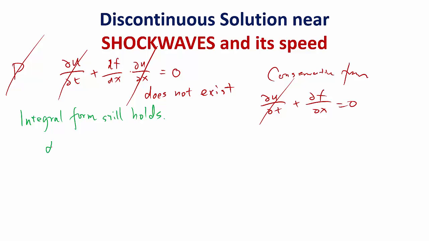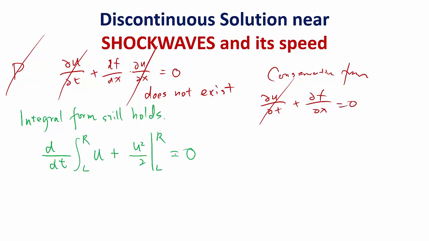Let's review what the integral form is. d dt of the integration from L to R of any interval, times u, plus, and let's focus on Burgers' equation, half of u squared from L to R is equal to 0.